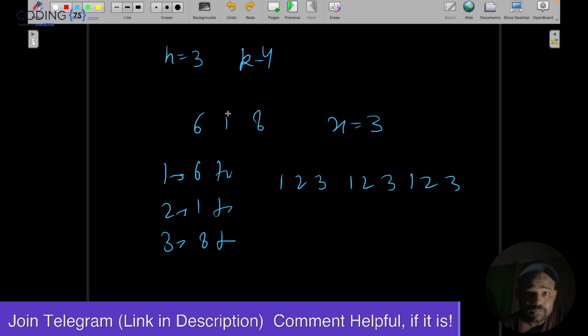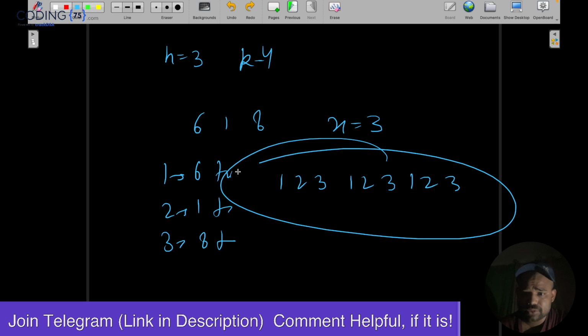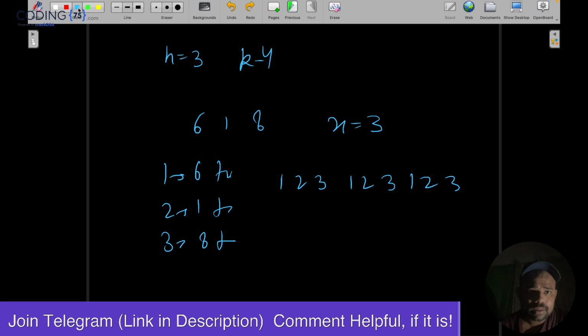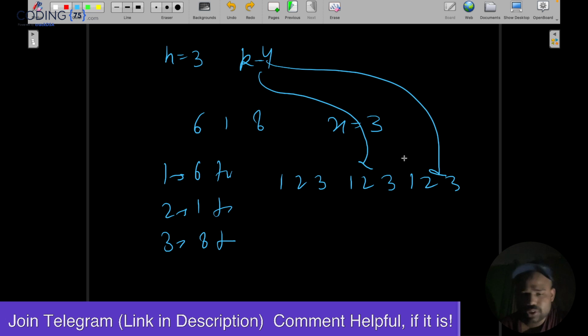When you're doing this 3 times, what will happen actually is, you can see 1 is present 3 times, that is fine. 3 is also present 8 times, that is also fine. But what about 2? 2 is present only 1 time, so the remaining 2 will be taken from this k. Okay, this is how it will be created.